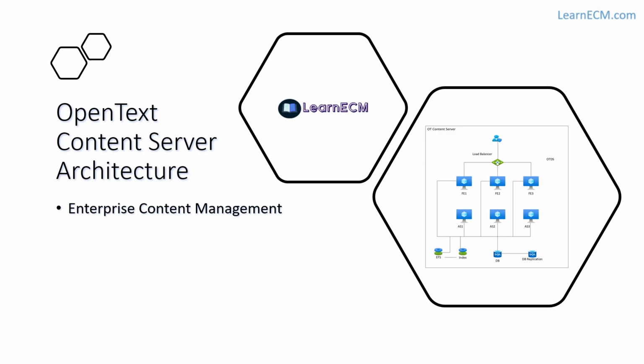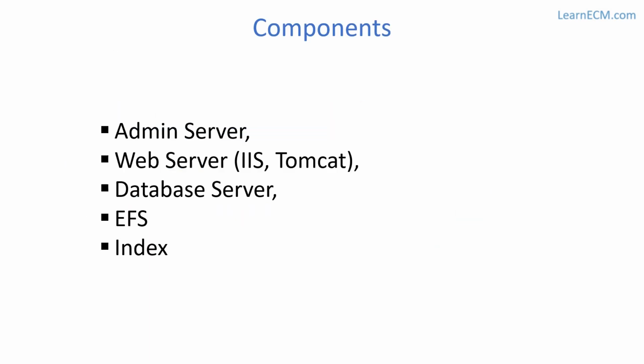With that, let's start with today's video, Content Server architecture. Before we discuss the different architectures, we need to understand the different components of a Content Server system. We have the Content Server service itself. Then we need the web server where we will host Content Server, which can be IIS or Tomcat.